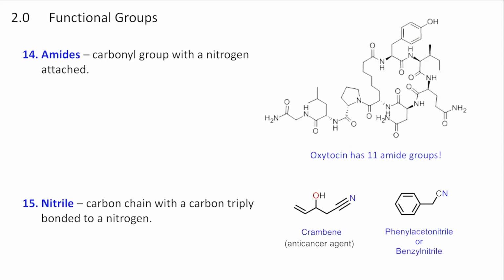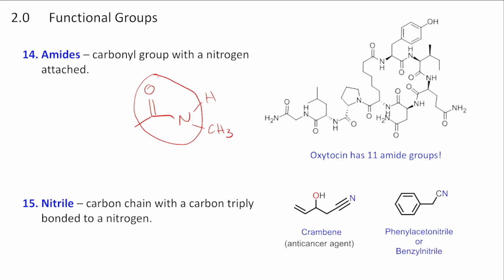Amides. Amides are compounds that have a carbonyl group attached to a nitrogen, with that nitrogen having, it could be hydrogens, it could be carbon-based groups, but it's this functional pattern right here, the carbonyl plus the nitrogen, that makes it an amide. Amides are extremely common in biological compounds, especially proteins.